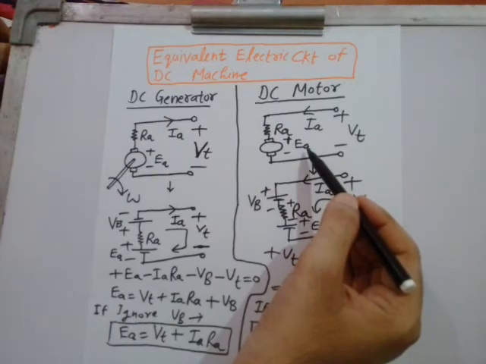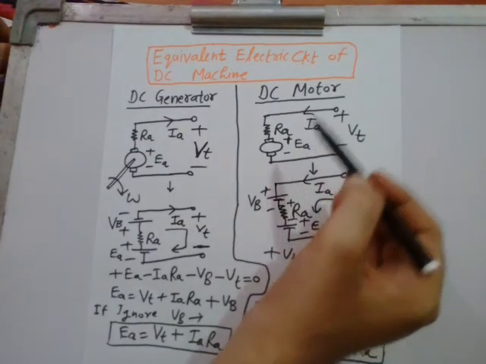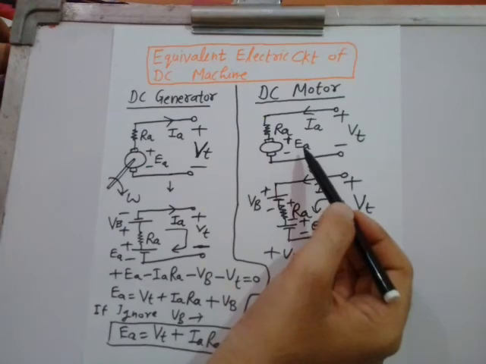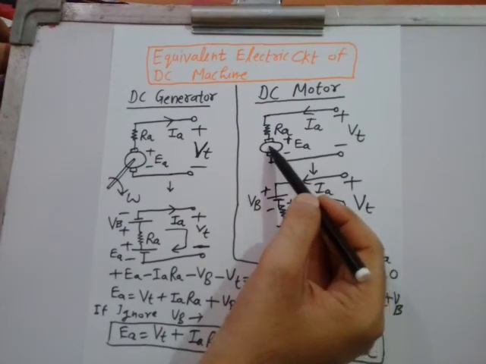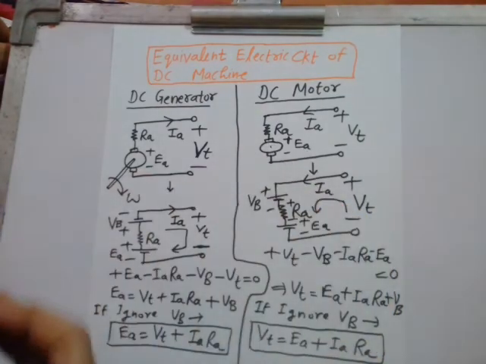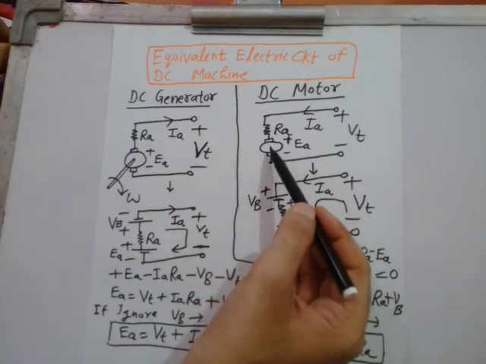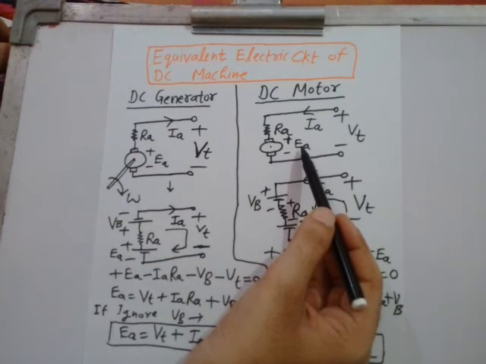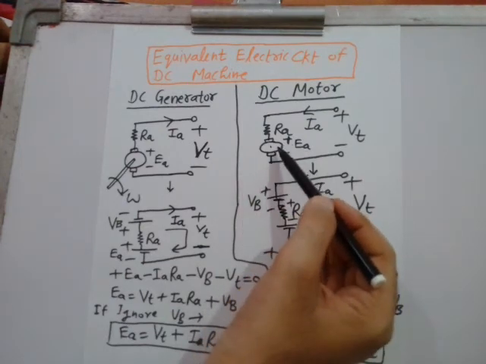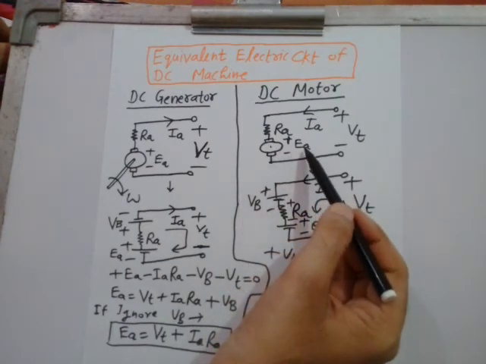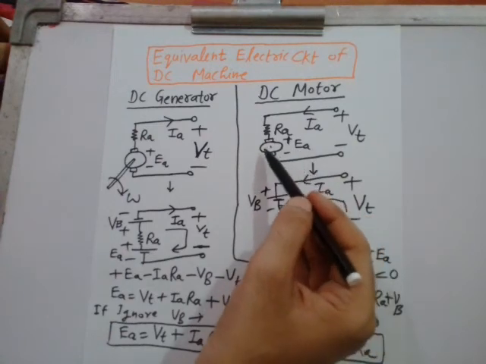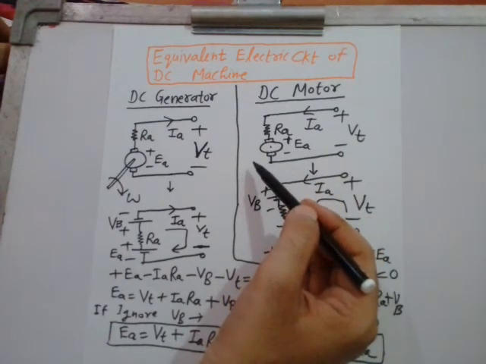So the final dependent variable is the speed. You understand now? Because this induced EMF will decide the speed.